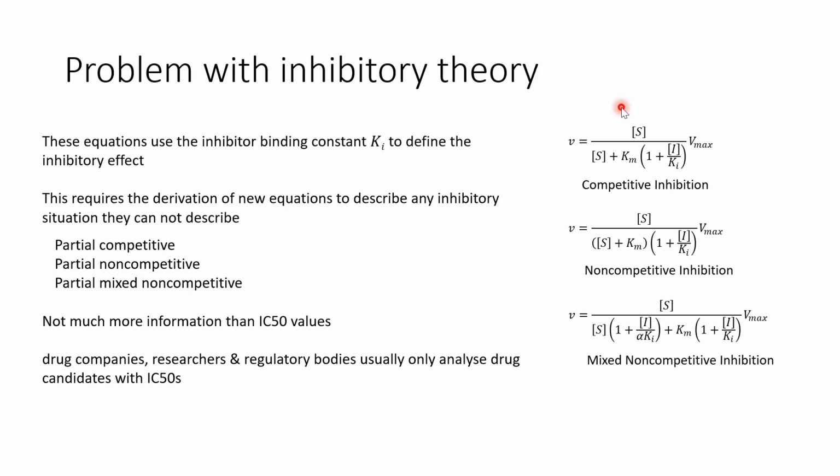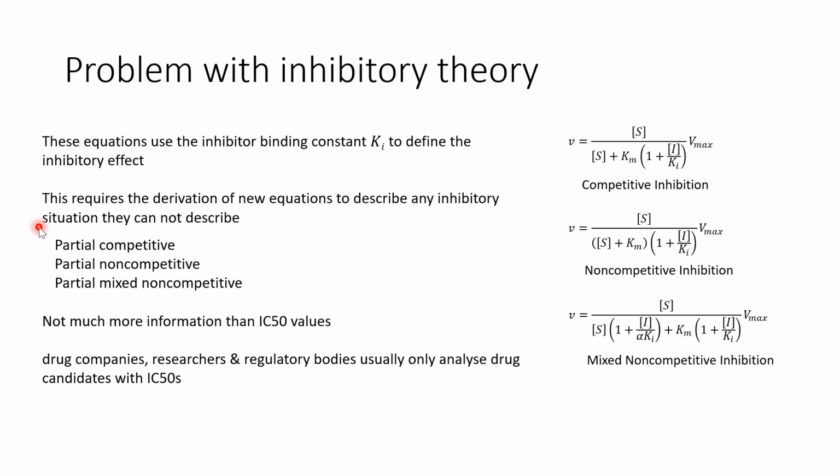This has led to the derivation of more equations. Specifically, you have to start thinking about what happens if your inhibitor binds to the enzyme, but it doesn't quite turn it off. It maybe produces 50% inhibition.